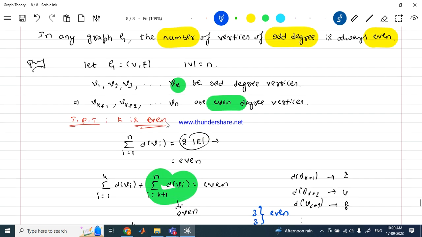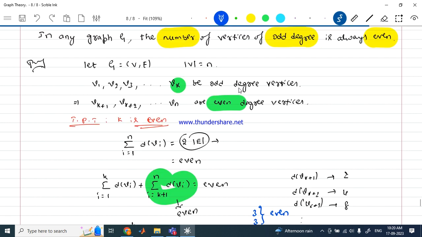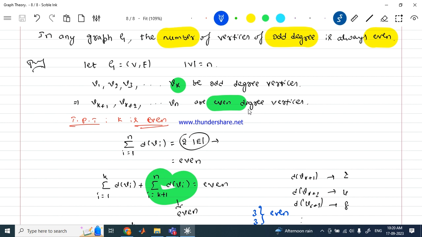Please try to understand what I did here. I first assumed that the graph has n vertices. Then I went with an assumption that out of these n vertices, k vertices are of odd degree and the remaining vertices are of even degree. So there is no issue when we are adding the even numbers. The sum of even numbers is always even.